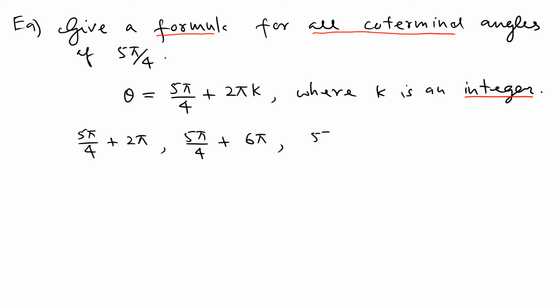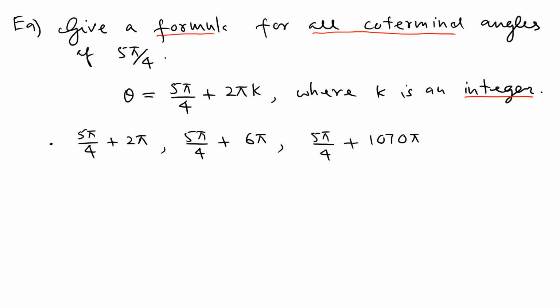Or 5 pi over 4 plus, say, 1007 pi. Actually, it has to be even multiples, so 107 doesn't work, but you can say 1006 pi. Those are all coterminal angles.